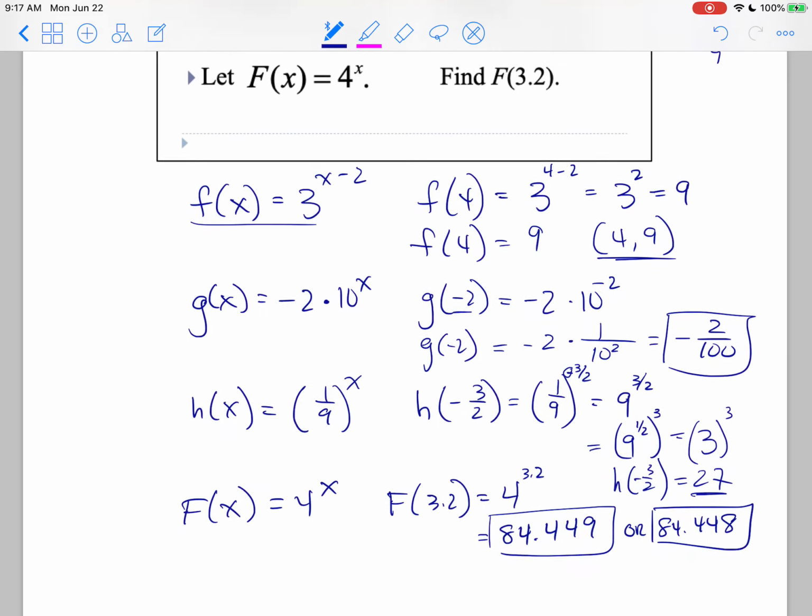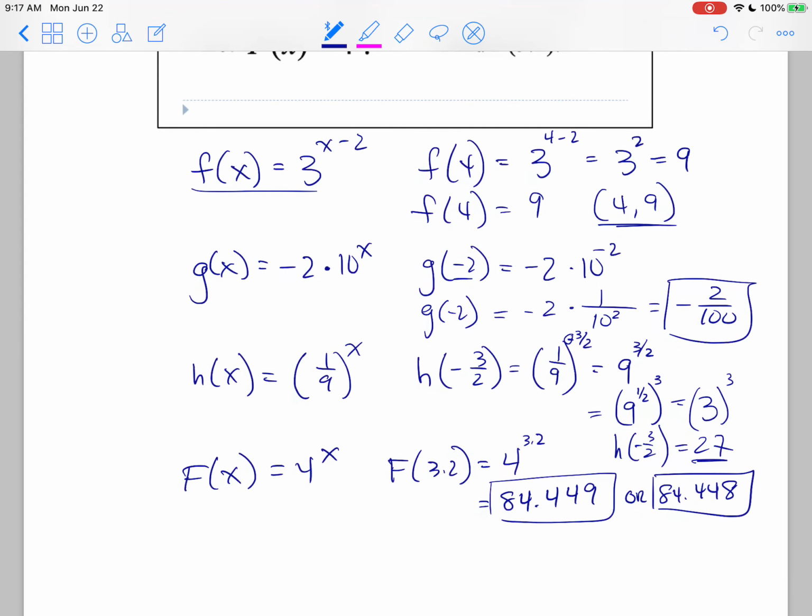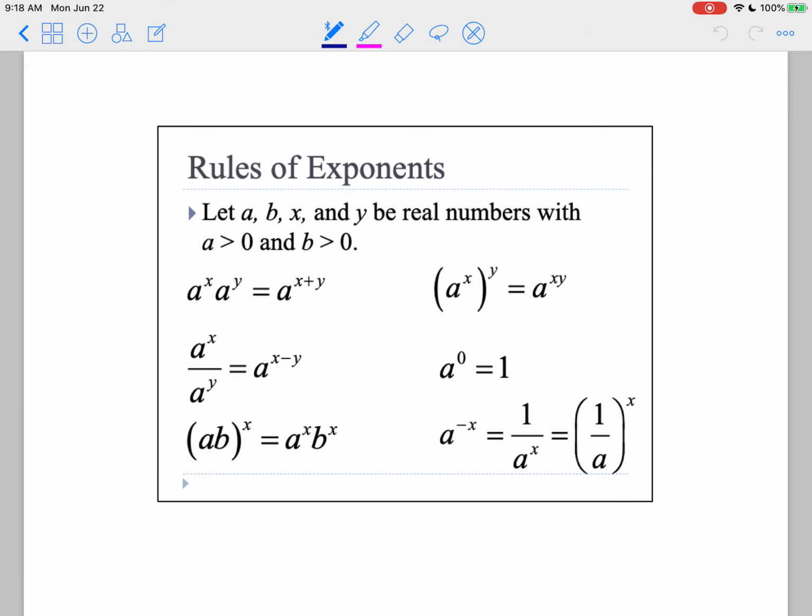Okay, so to evaluate these, not only did I need to know about function notation, which is review of previous material, but I also need to know these rules of exponents. Okay, when we multiply like bases, we add the exponents. When we divide like bases, we subtract the exponents. When we multiply two bases together and raise them to an exponent, it's like you're raising each number to that exponent.